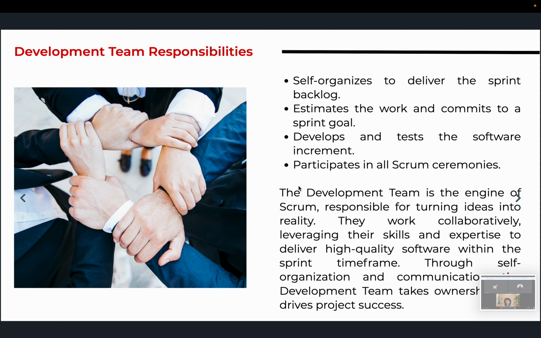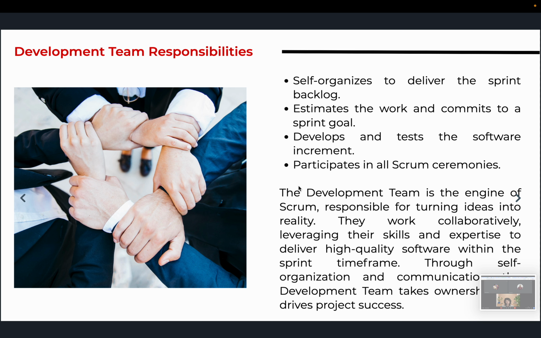So the development team is the engine of Scrum. They are responsible for turning ideas into reality. So they work collaboratively, leveraging their skills and expertise to deliver high quality software within the sprint time frame. So through self-organization and communication, the development team takes ownership and drives project success.